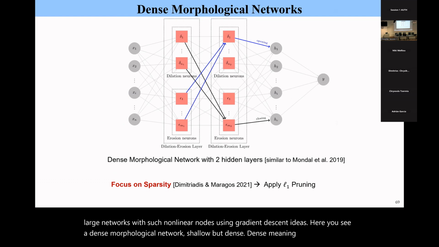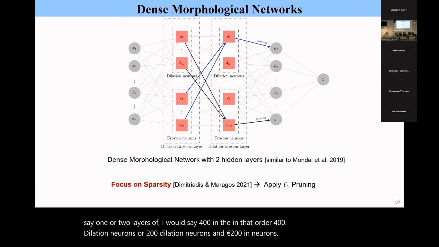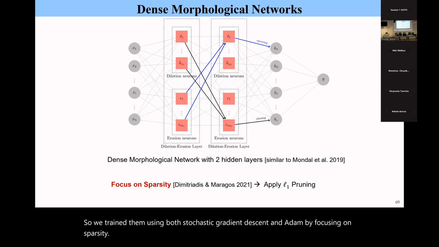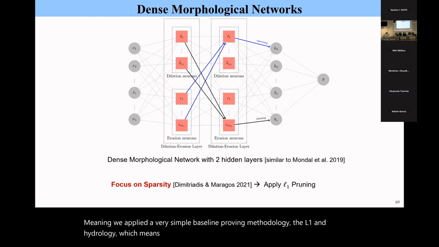Dense meaning that it has, let's say, 1 or 2 layers of, I would say, 400 dilation neurons, or 200 dilation neurons and 200 erosion neurons. So we trained them using both stochastic gradient descent and ADAM by focusing on sparsity, meaning we applied a very simple baseline pruning methodology, the L1 methodology, which means that we keep only the weights after training with a very high L1 norm.